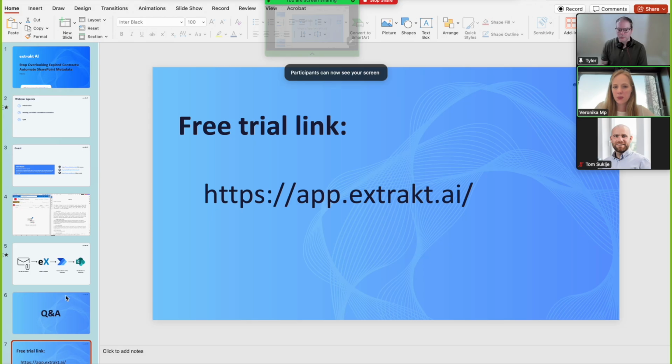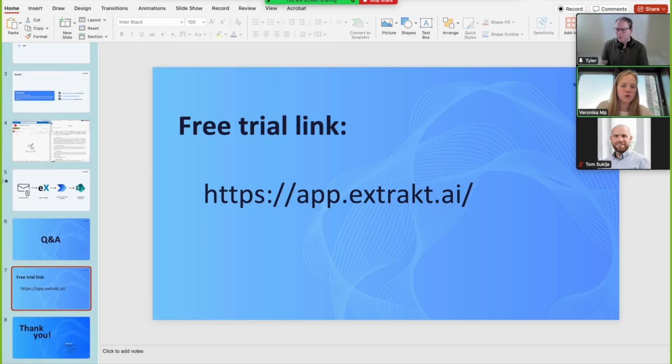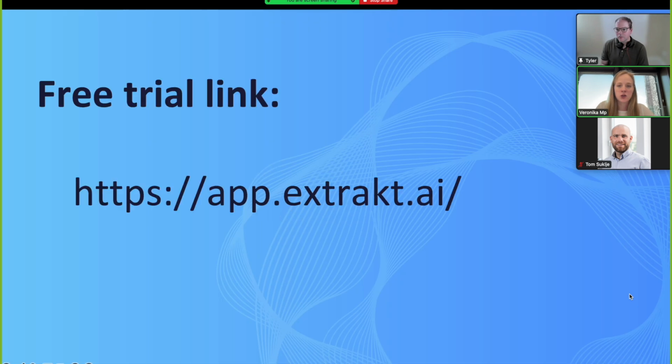We have a link to the free trial if anybody wants to try the Extract AI app. It's right here. And if you want, we will also send the... Tyler, do you think it's possible to get the zip file of the Power Automate flow? Yeah, I can provide that. Okay, so after the webinar, we will be sending you a package that includes the free trial link and the zip file of the Power Automate flow.